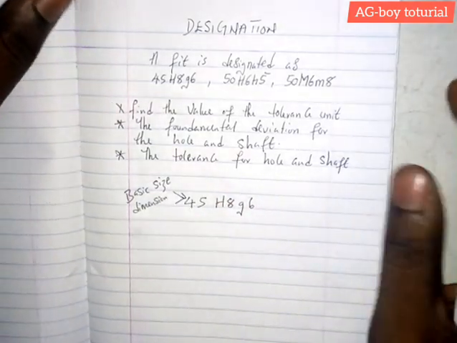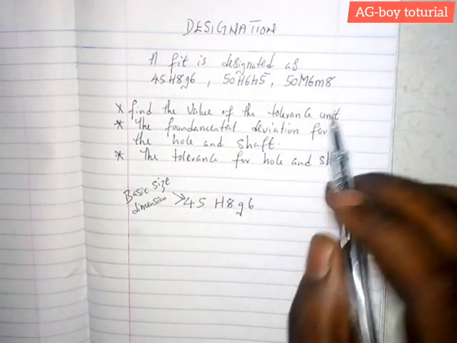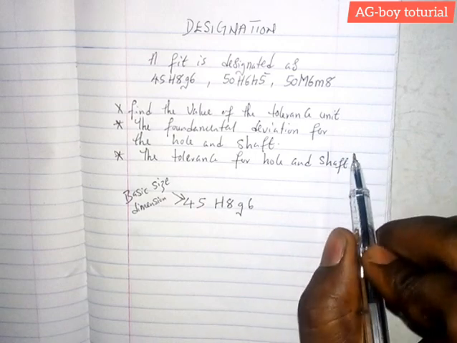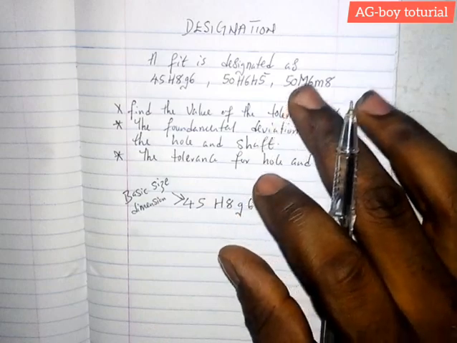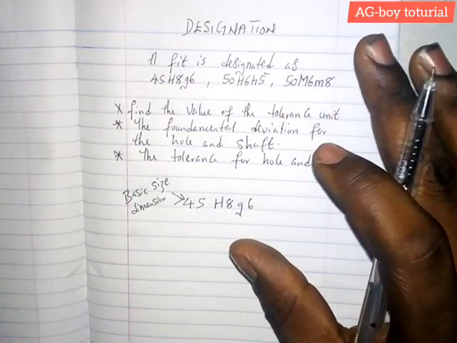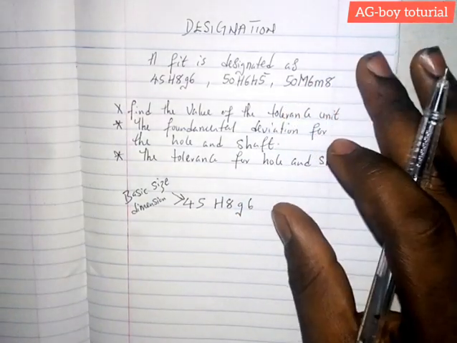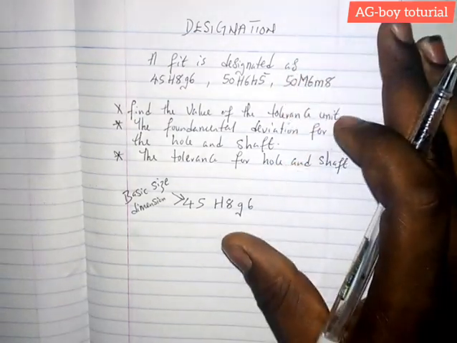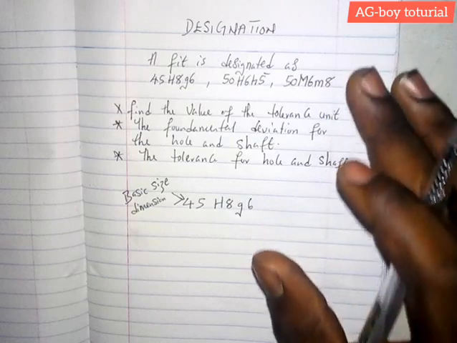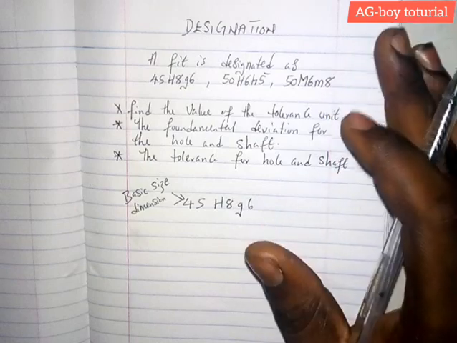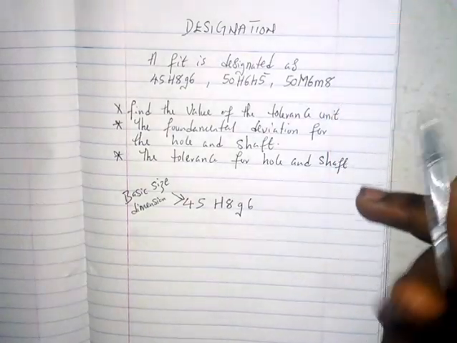For the basic size dimension, I would like you to go back and watch part 1, because I explain more about this basic size, and there's a diagram where I explain more about the fit, the clearance and other parts on hole and shaft. So I would love you to watch part 1 of fit, limit and tolerance.